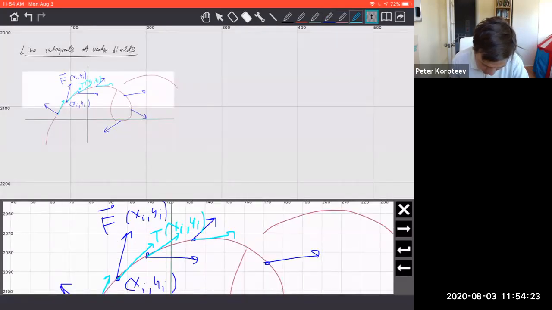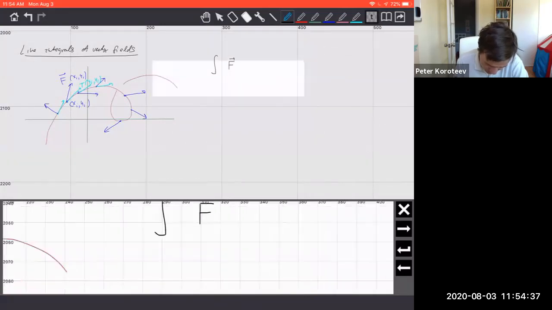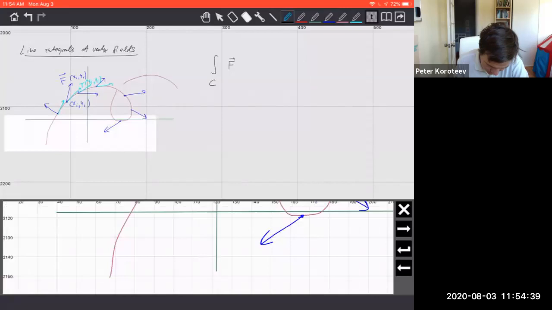And we define the integral as follows. So the integral over the curve C of F.